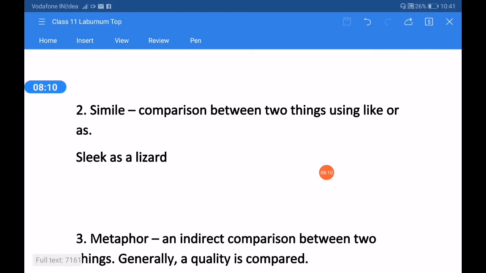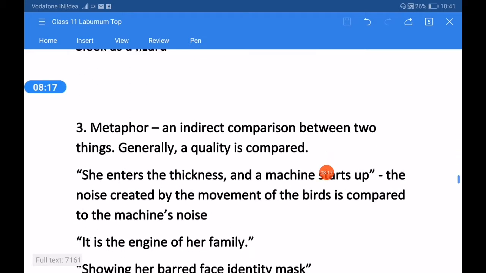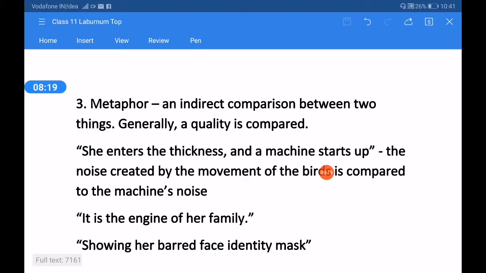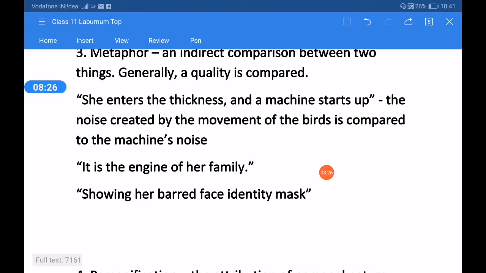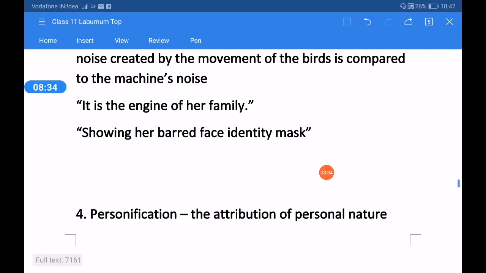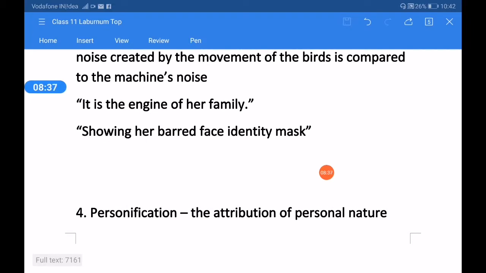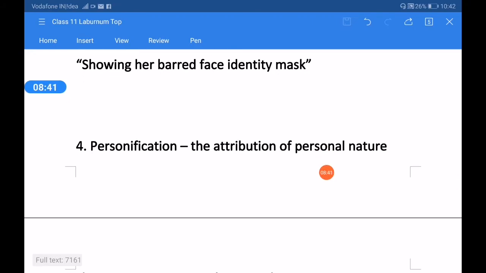Second is simile, comparison between two things using like or as, sleek as lizard. Number 3, metaphor, an indirect comparison between two things, generally a quality is compared. Example is here: she enters the thickness and a machine starts up. The noise created by the movement of the bird is compared to the machine's noise. It is the engine of her family, showing her barred face identity mask. So in these lines we can say that metaphor has been used over here.